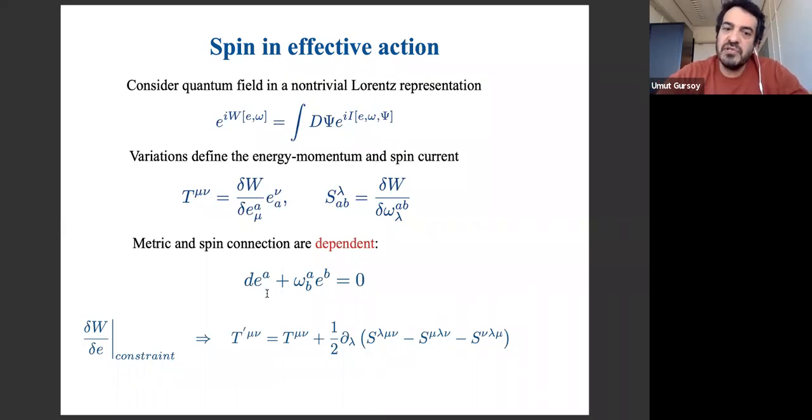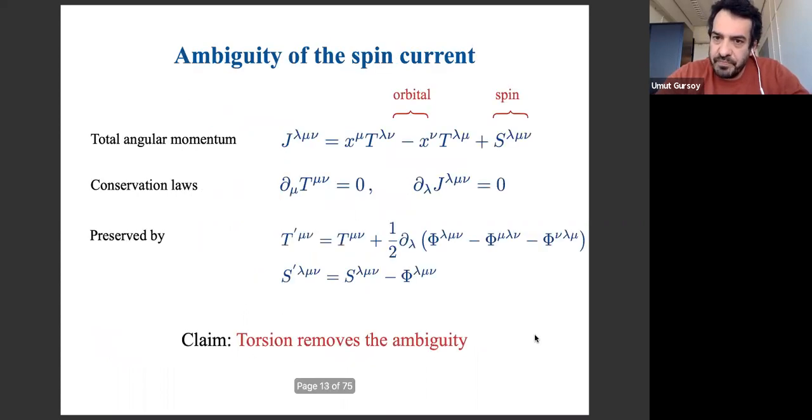This means that these variations of e and variations of omega are related to each other. And by using this constraint in this variation, what you see is exactly the same form, the Belinfante-Rosenfeld form. So the kind of energy momentum tensor you obtain will be exactly of this form. This is precisely the ambiguity.